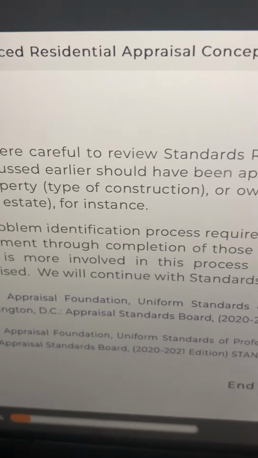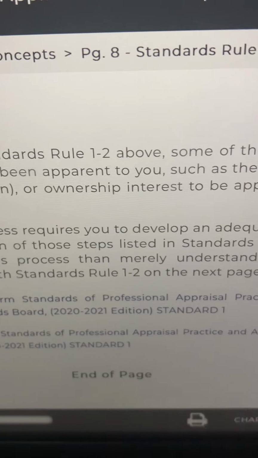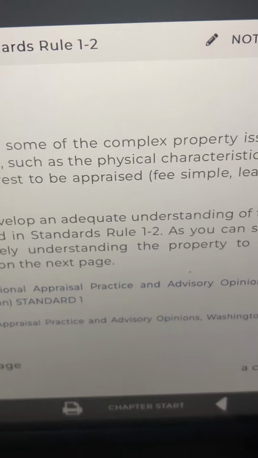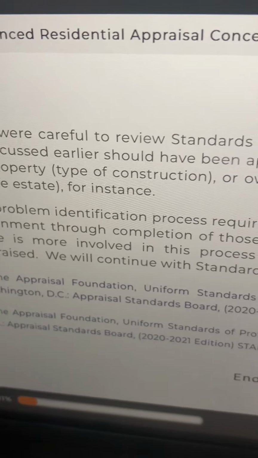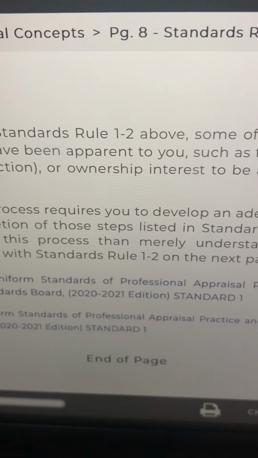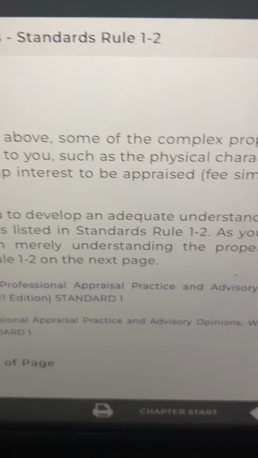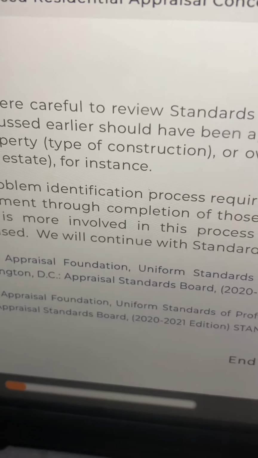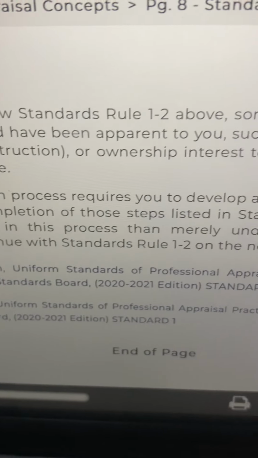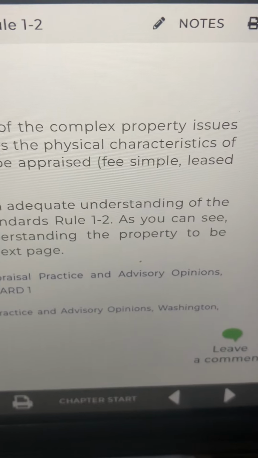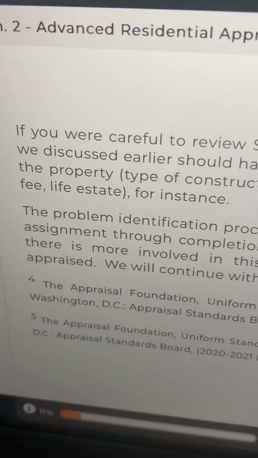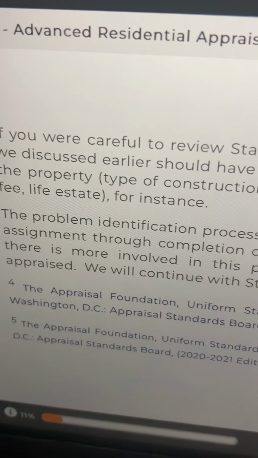If you were careful to review Standards Rule 1-2 above, some of the complex property issues we discussed earlier should have been apparent to you, such as the physical characteristics of the property, which means type of construction, or ownership interest to be appraised, which means was it fee simple, was it leased fee, was it a life estate, for instance.